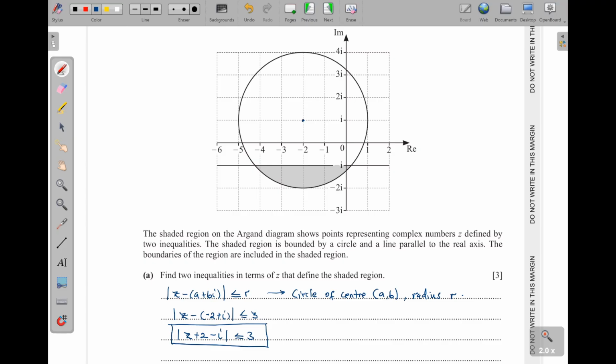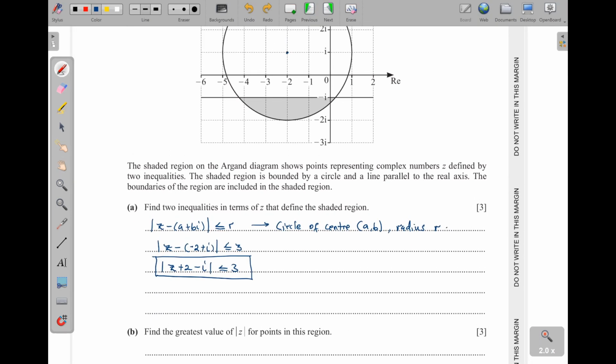Then the other, we are seeing this bold line here. This line is horizontal, so it's like y is equal to something. But here we don't use y, it is the imaginary part of z. So we can have Im(z) equal to -1, which is -i.